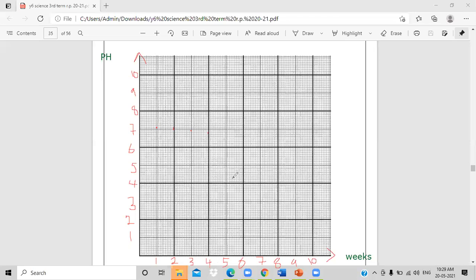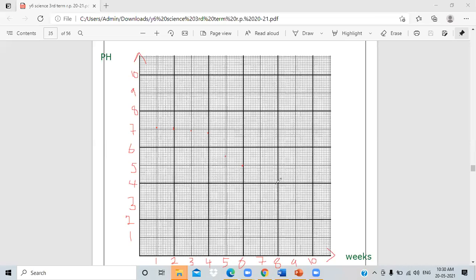Okay. In the 5th week, it was 5.5. So I'm going to reach till 5, and then I'm going to count 5 small boxes. 1, 2, 3, 4, 5, and then I'm going to put the dot. And then week 6, it was only 5 exactly. So in week 6, I'm just going up to 5, and I will put the dot.